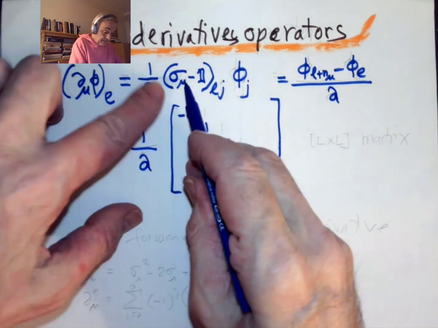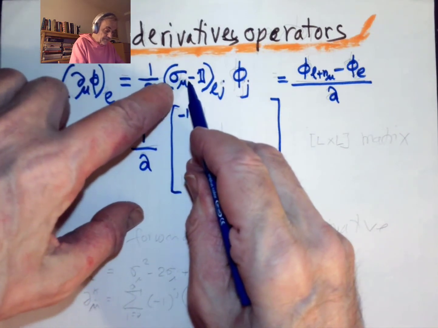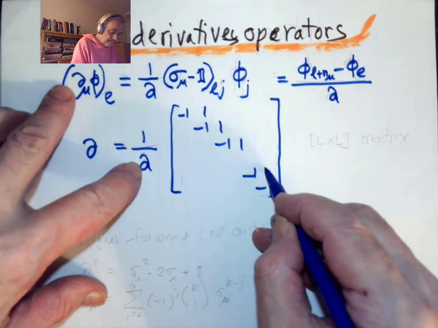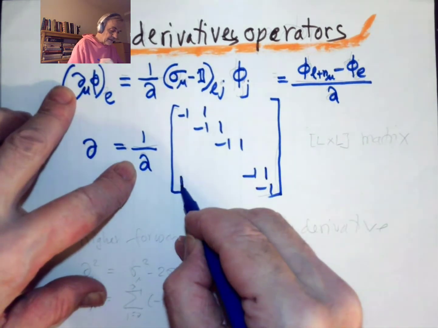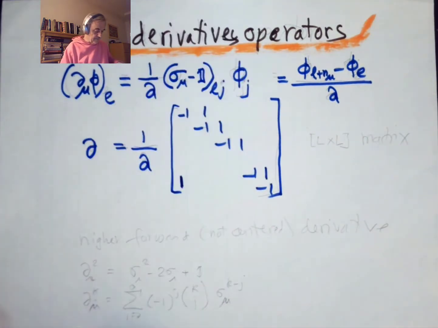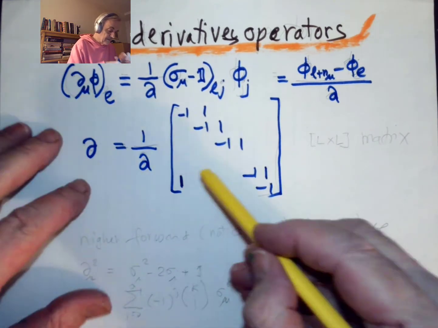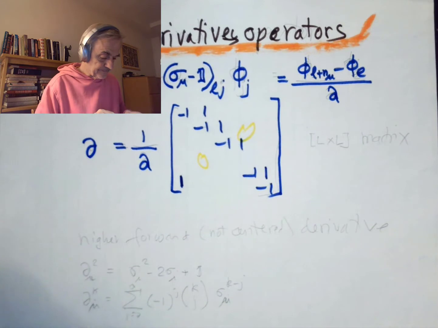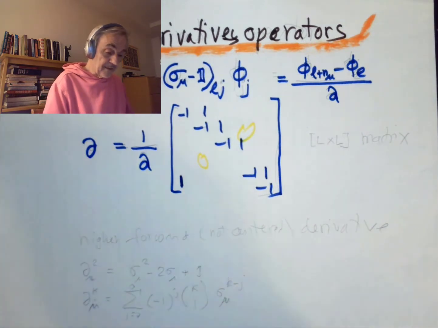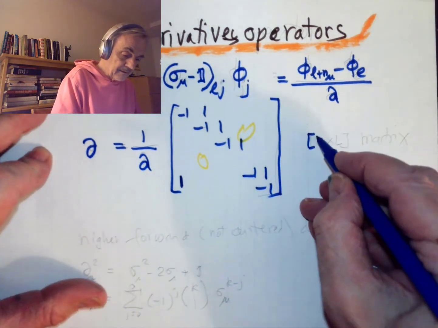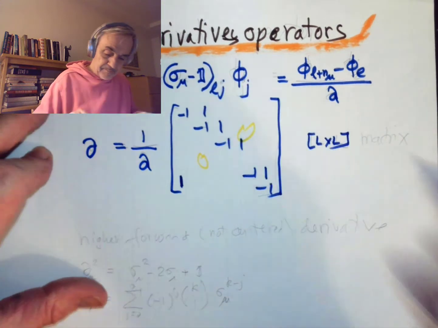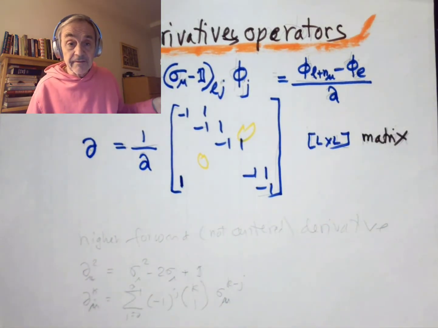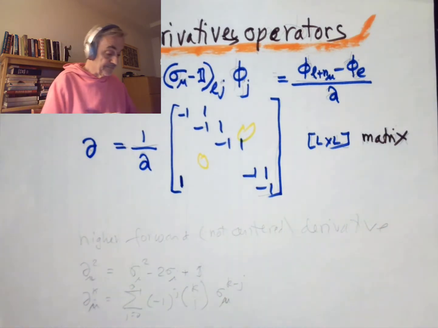Compared to this, the matrix has zeros on the diagonal, has ones above the diagonal. And because it's periodic, it has a one here, and it has zeros every place else. So the operator is an L by L matrix.